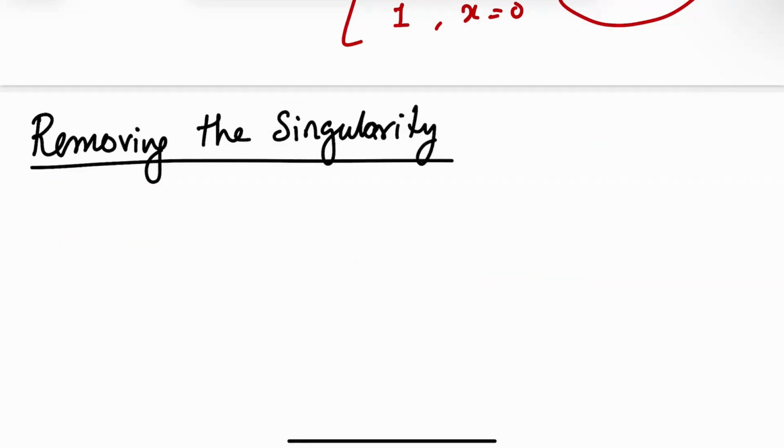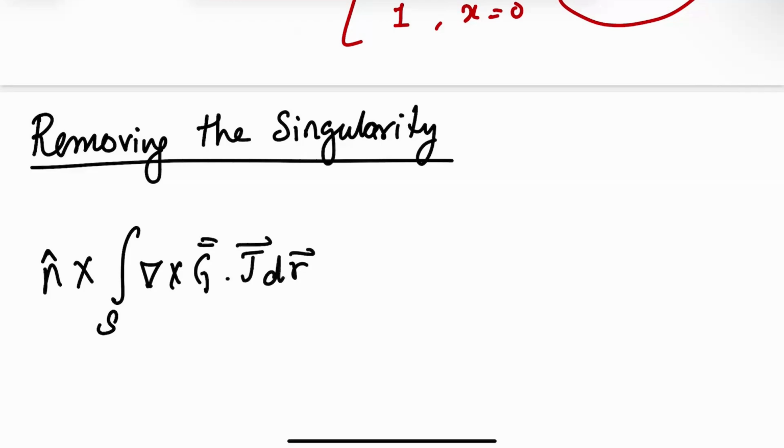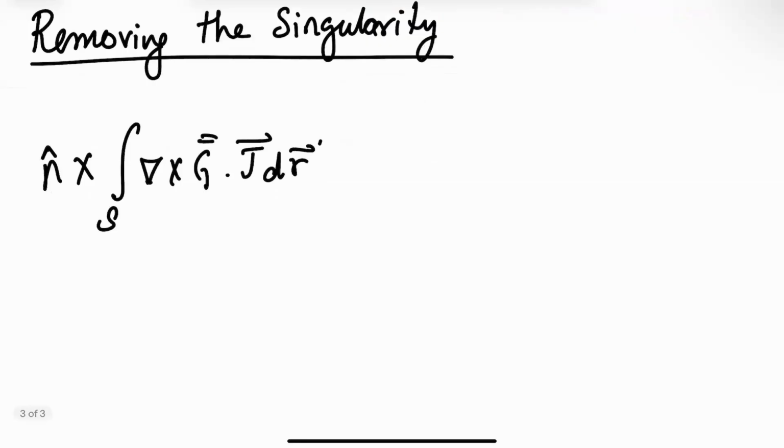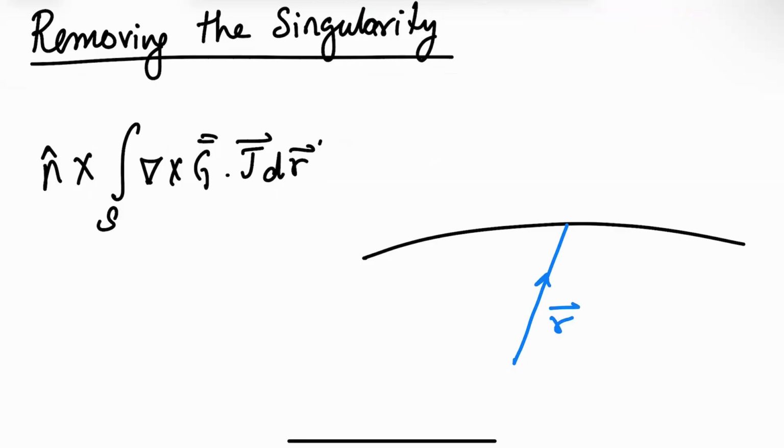Okay, so I want to deal with this n hat cross surface integral curl of G dot J term dr prime, right? So the way you deal with it is that you say, okay, your surface is something like that. And I'm looking at, let's say, r prime, which is here. So when r is equal to r prime, let's say this is my r vector.